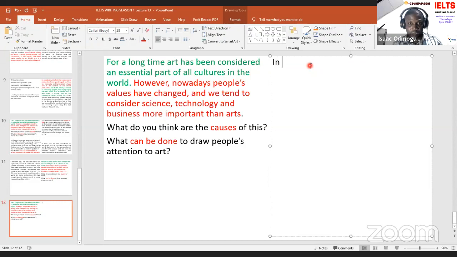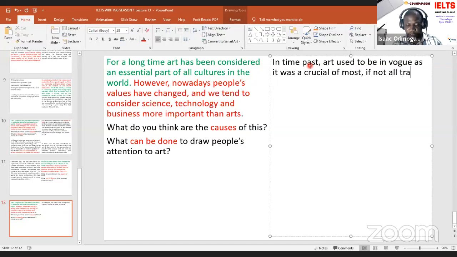Okay. So, in time past, arts used to be in vogue, as it was a crucial or critical part of most, if not all, traditions and customs around the globe.